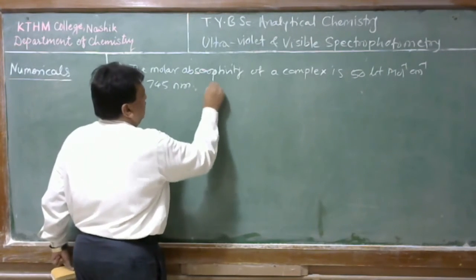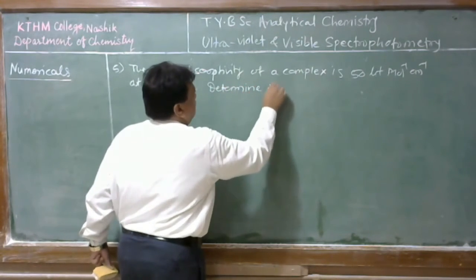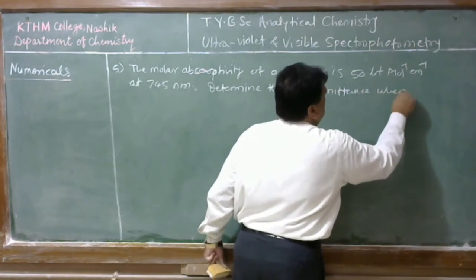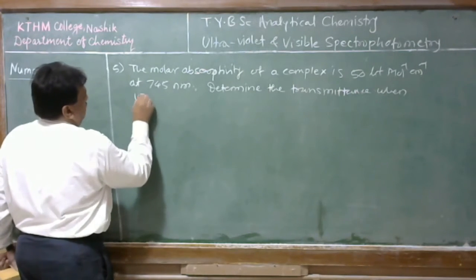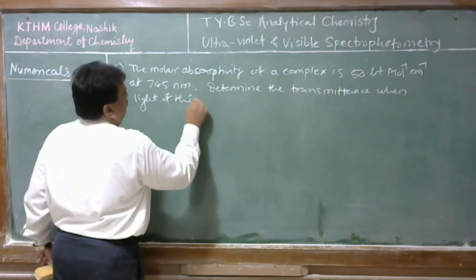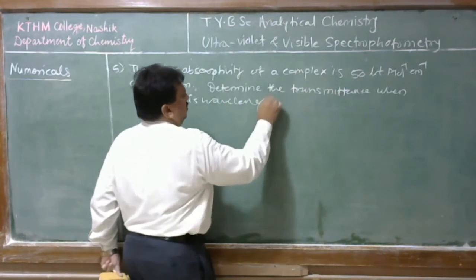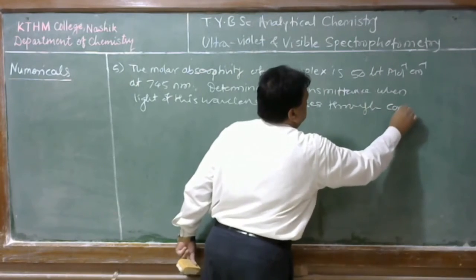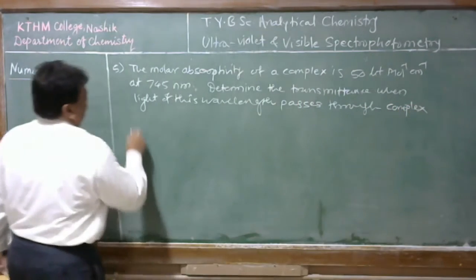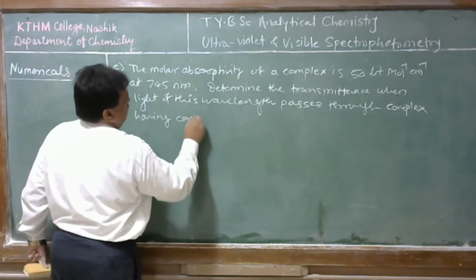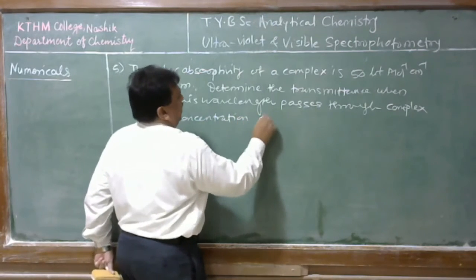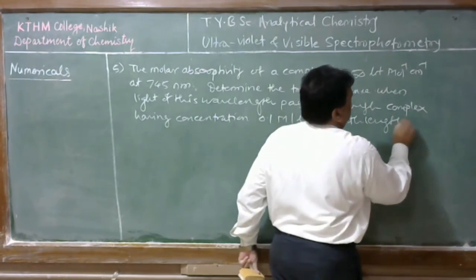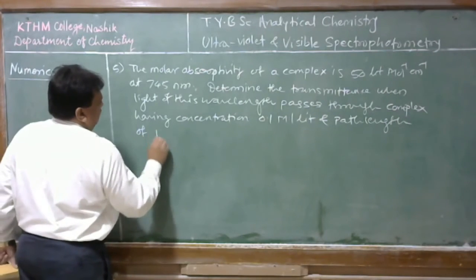We have to determine the transmittance when light of this wavelength passes through the complex having concentration 0.1 moles per liter and path length of 10 millimeter.